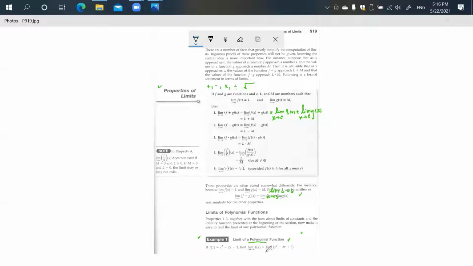But if this one, I can explain on the top here, bigger, right?